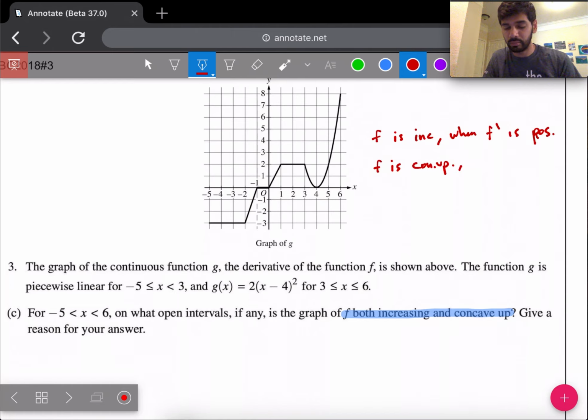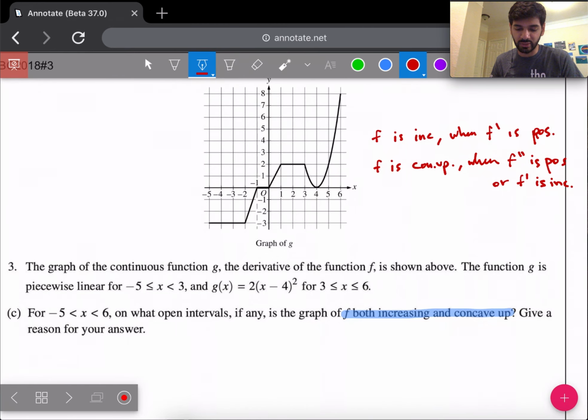F is concave up when f double prime is positive or f prime is increasing. Okay, so we have these two statements here that I'm going to base my answer off of. I know f is increasing when its derivative is positive, or f is concave up when its second derivative is positive, or if you don't know anything about the second derivative, or its derivative is increasing.